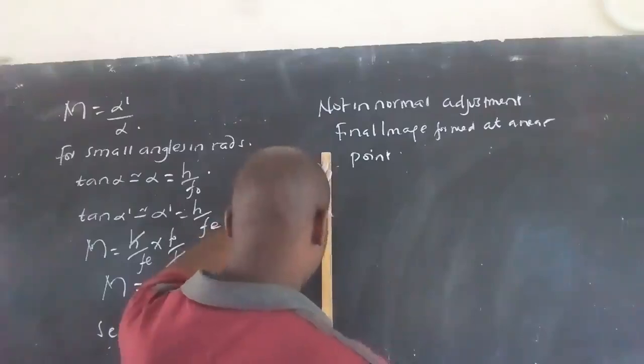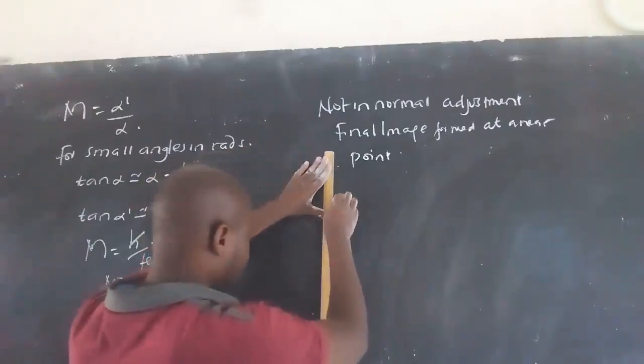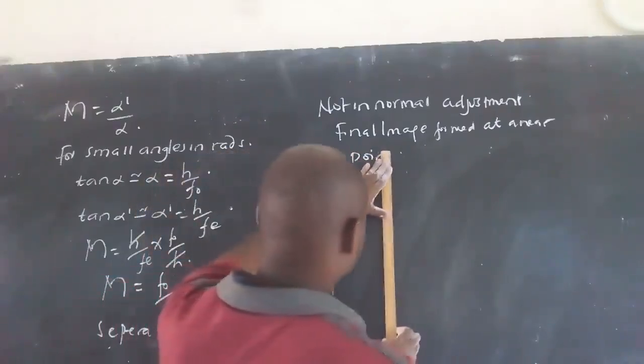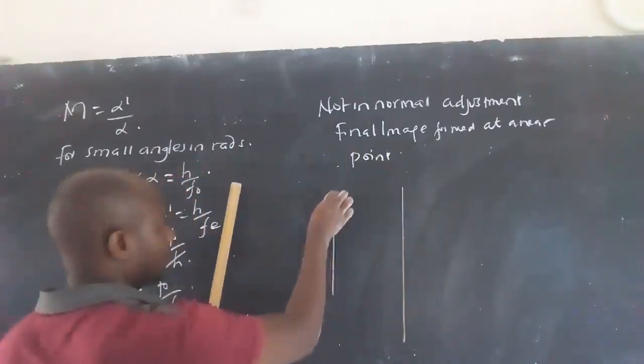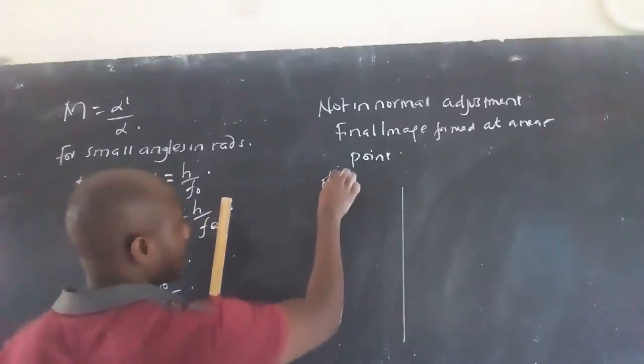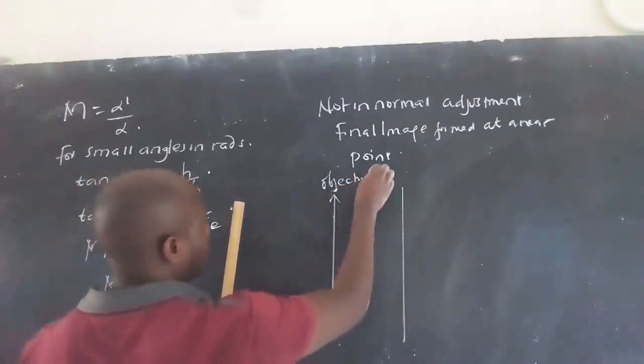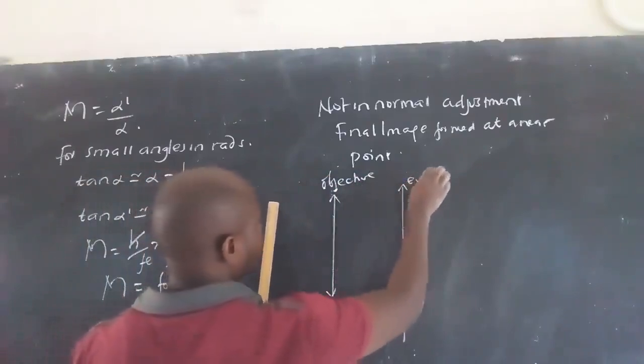So we draw. This is the objective. This is the eyepiece.